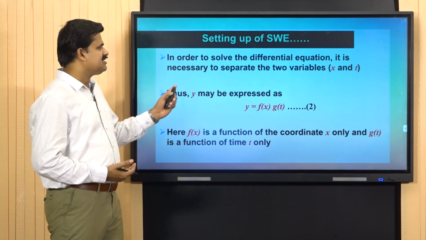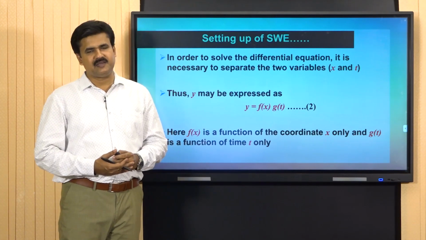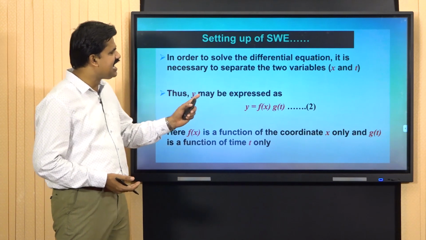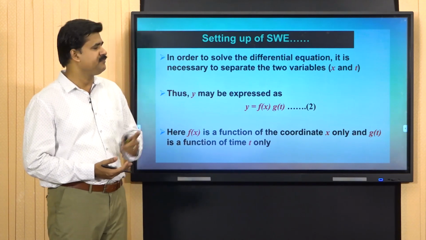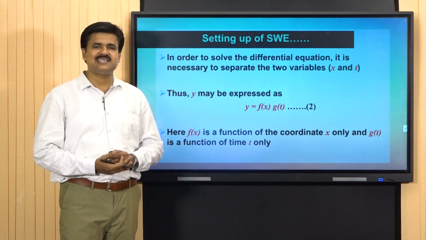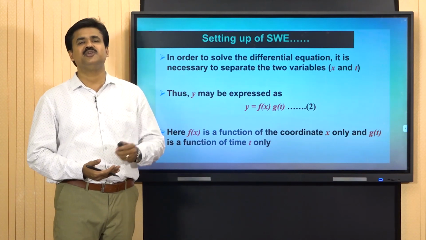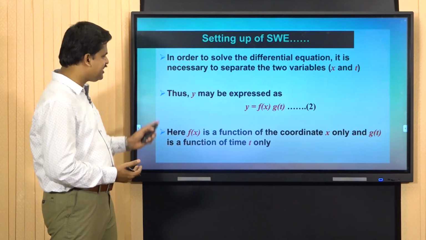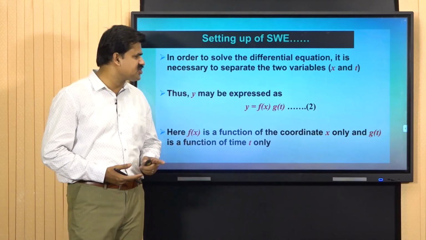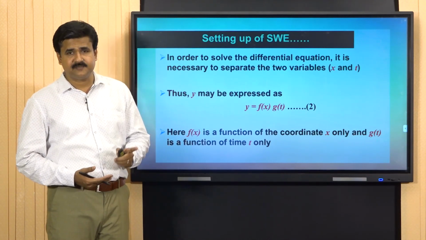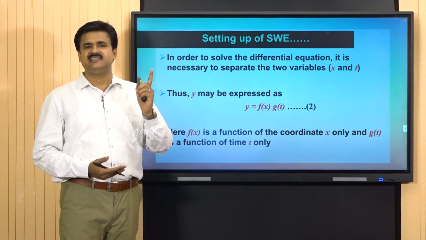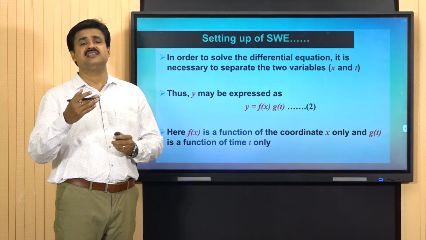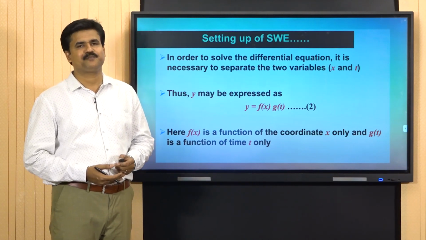Thus, since y consists of two variables, we can represent y as a function of two variables, that is f of x and g of t. Simply means y is equal to f of x into g of t. Here, f of x is a function of the coordinate x only, and g of t represents the function that depends on t only.